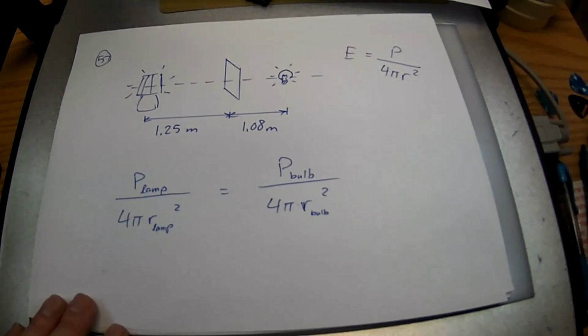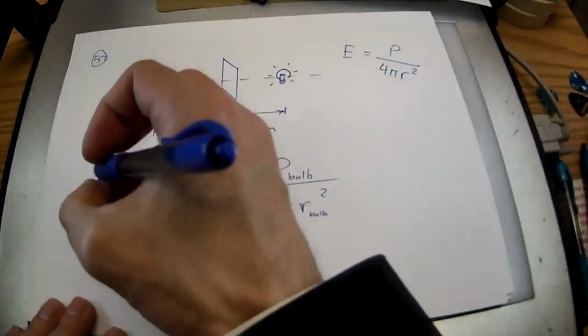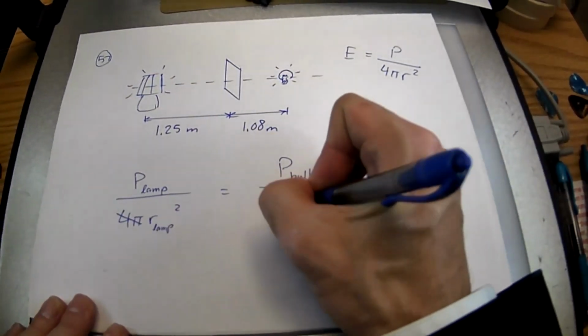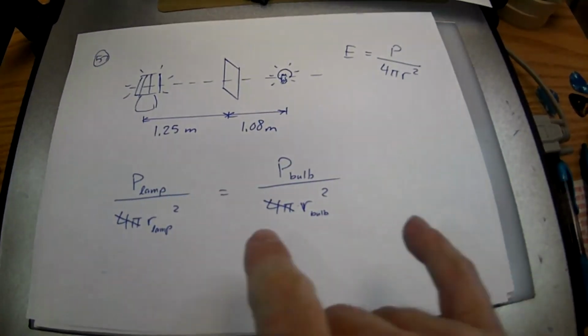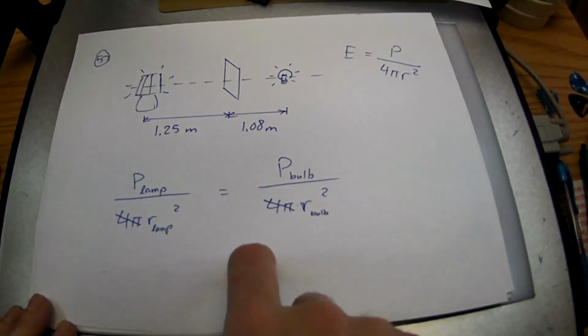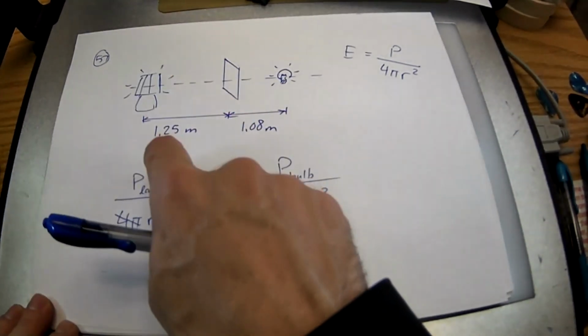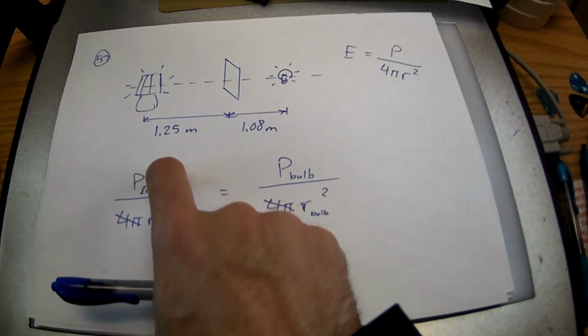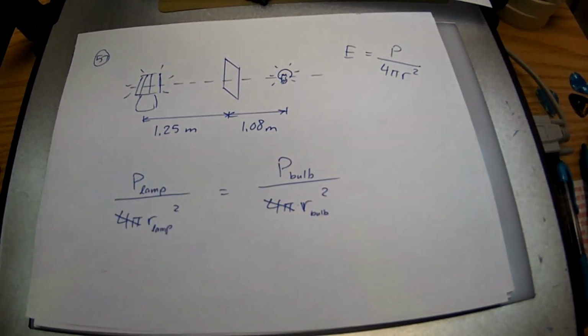Guys got that? Okay. And then 4 pi is going to cancel. So even if you missed the 4 pi part, that's okay, because it really just comes down to a proportion. And we know 3 of these 4 values. They told you that the luminous flux from the lamp was 1750 lumens.